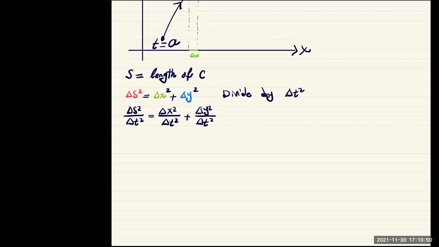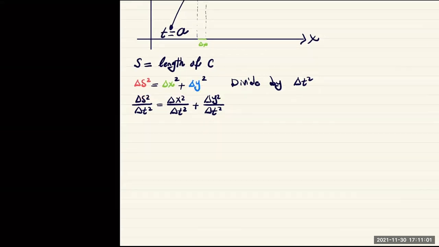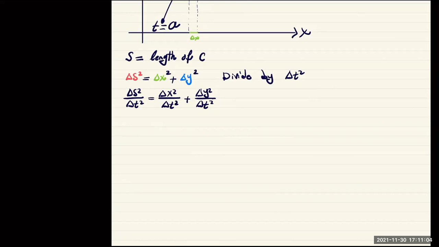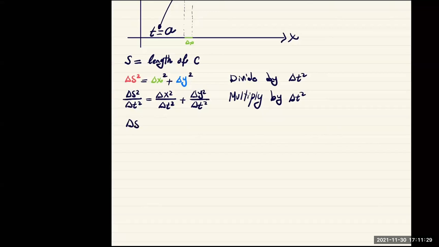And remember that we are trying to find length, which is s. So what you can do is take this equation and multiply everything by delta t squared. I want to solve for s, so I need to retrieve delta s. Get rid of this delta t squared by multiplying the equation by delta t squared. That gives us delta s squared equal to.